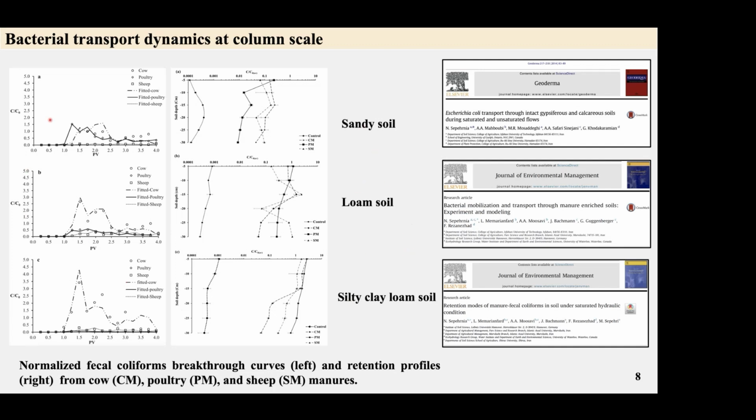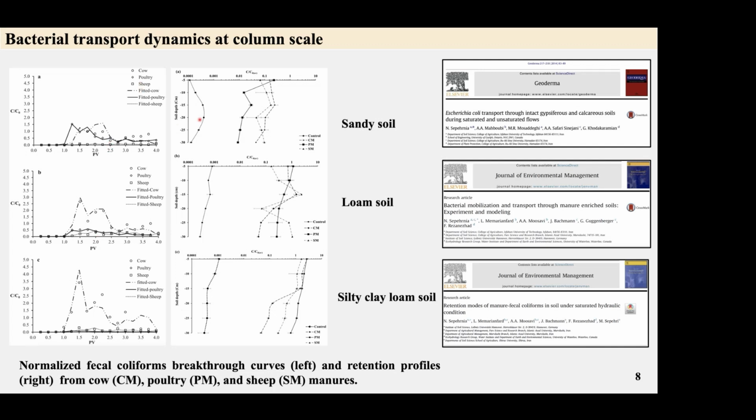For instance, here we have breakthrough curves, which show the changes of bacteria concentration versus pore volume. We see here that the cow manure releases a higher concentration of bacteria compared to poultry and sheep manures.